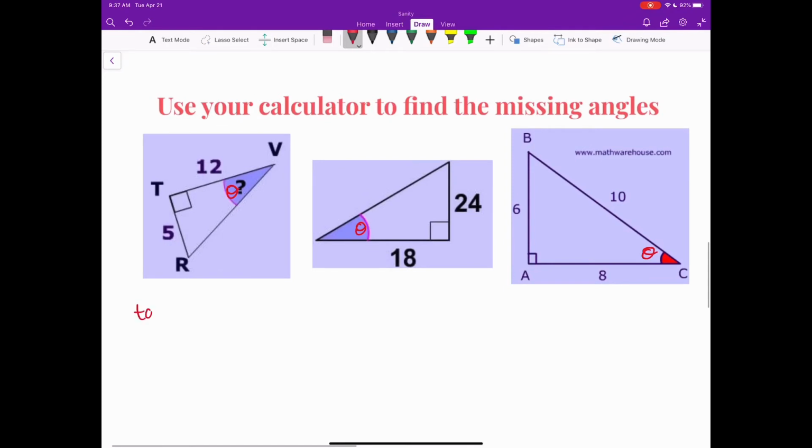So I'm going to input into my tangent inverse function my opposite side of 5 over my adjacent side of 12 equals theta. We plugged that into our calculator, and we saw that it was roughly 22.6 degrees. Again, from 3.1, your calculator should be in degrees mode, so you should be getting degrees as an answer.